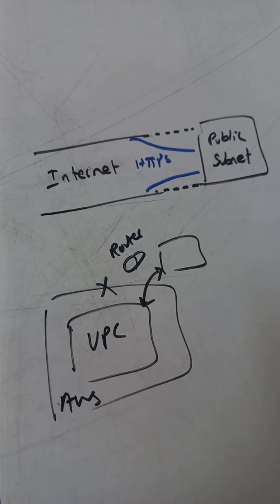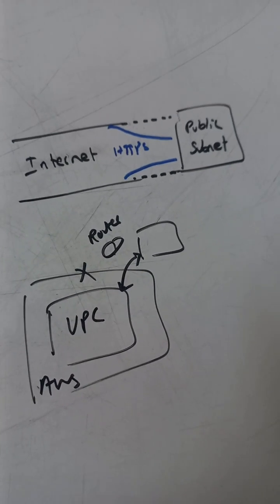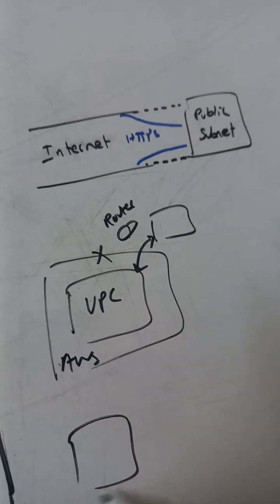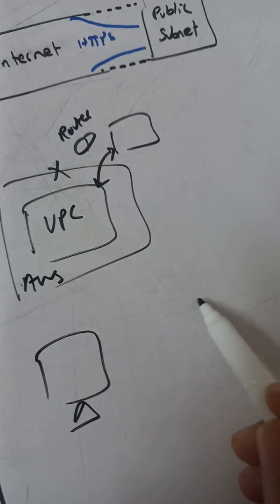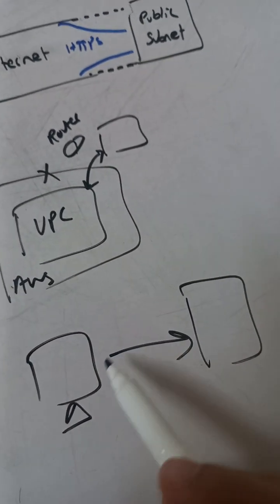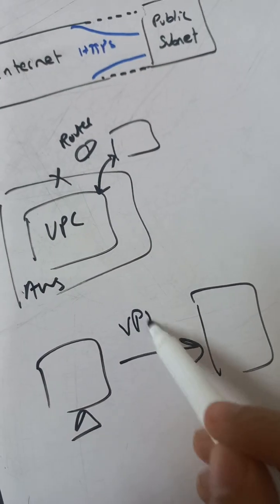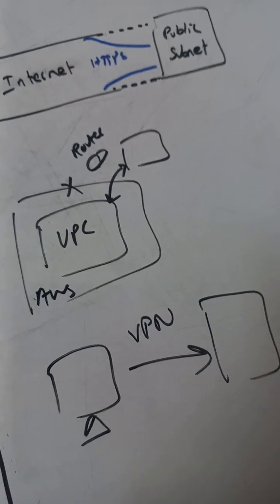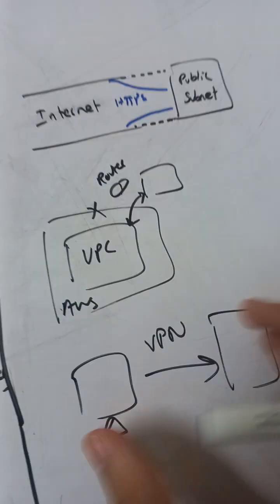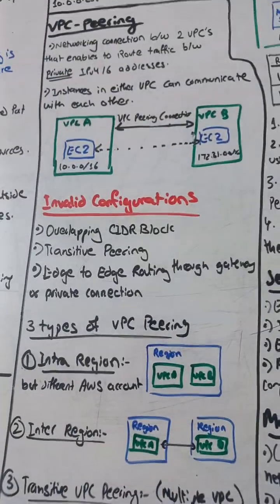You can imagine it like using a VPN. When you're using a laptop and you want to go to a web browser but you can't do it, you use a VPN for that. You can't have this similar process over here as well. Edge-to-edge routing through a gateway or private connection is not allowed.